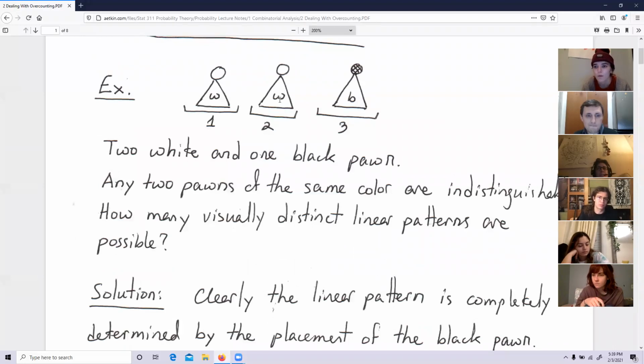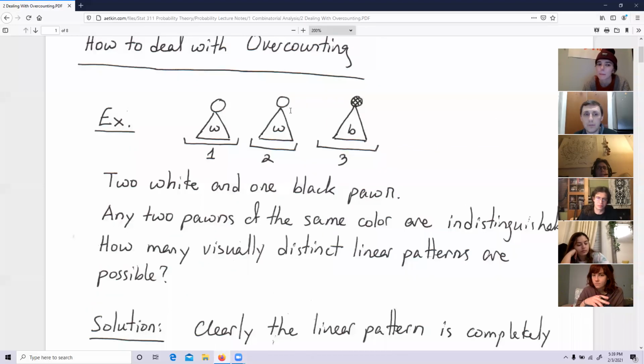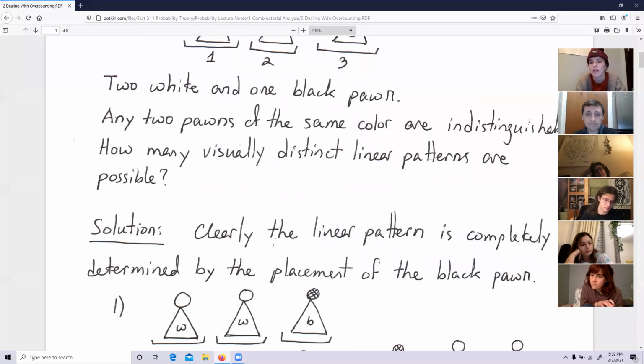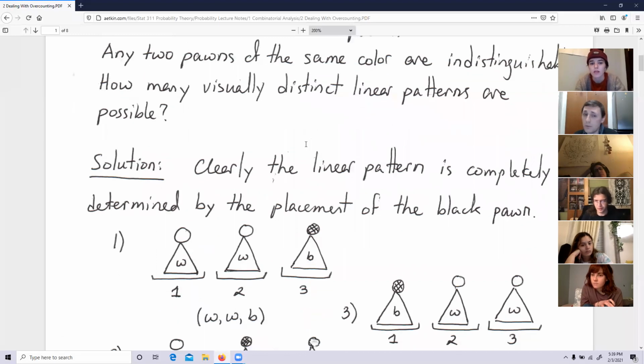So, yes, if we want to assign the sequence of pawns, if we want to put them in order, we can represent them as 1, 2, 3, and that's a particular order, right? In this case, I can note whether in first position there is a white or a black pawn, whether in second position it's a white or a black pawn, etc. Clearly, the linear pattern is completely determined by the placement of the black pawn, right?